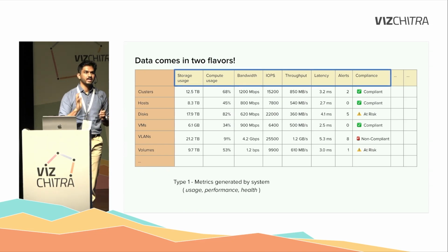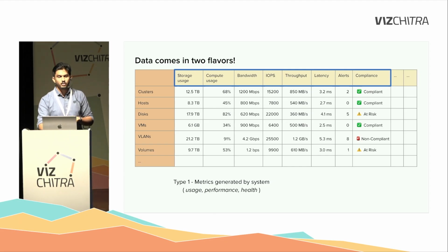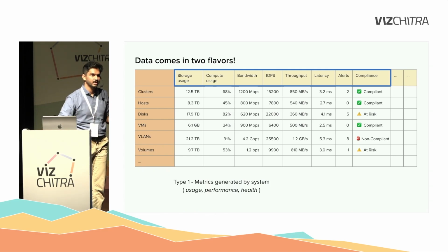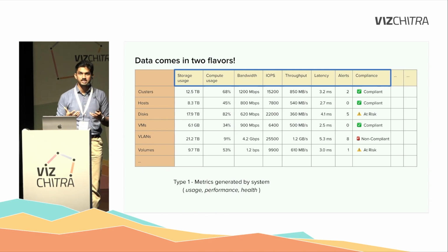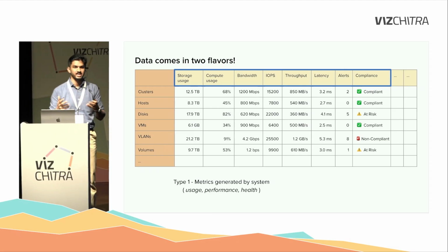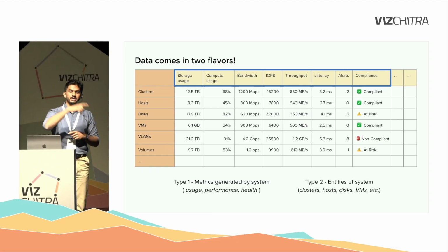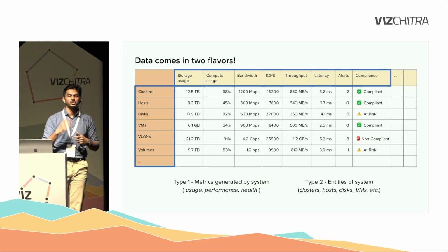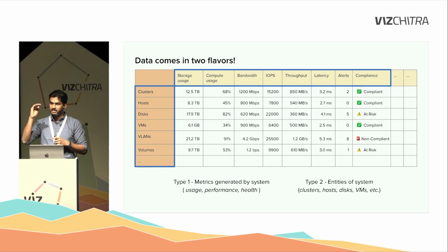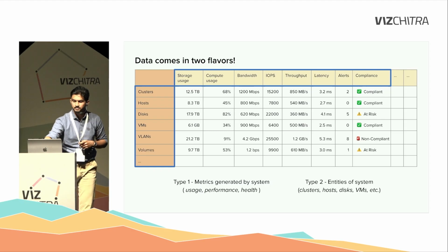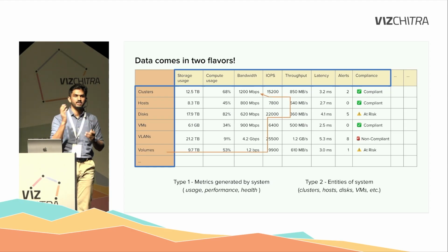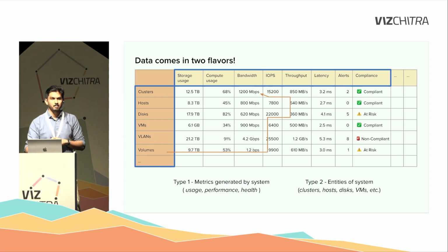On one end, at level one, you have metrics generated by the system, considering your usage of resources, your performance, how fast your data is being written, what is the delay, how many operations can you do per second, what is the health, are you compliant, etc. On the other end, you have the entities themselves that generate this data: the servers, clusters, disks, your machines, your storage arrays, etc. The integrated workflows that I touched upon require us to look at the relations between them in the level and also across these levels. So you're trying to diagnose from one level to the other, from one metric to the other.